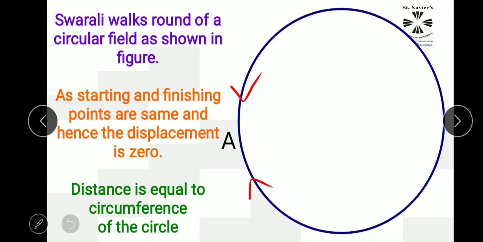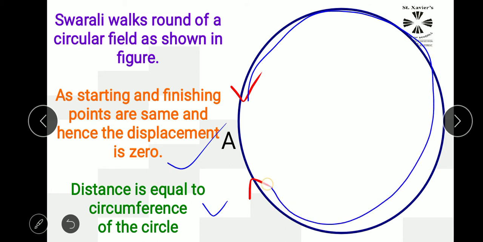When we are talking about displacement, we are saying that it is the minimum distance between the starting and finishing point, but here starting and finishing point is the same, so displacement will be zero. But distance is the total length of the path.